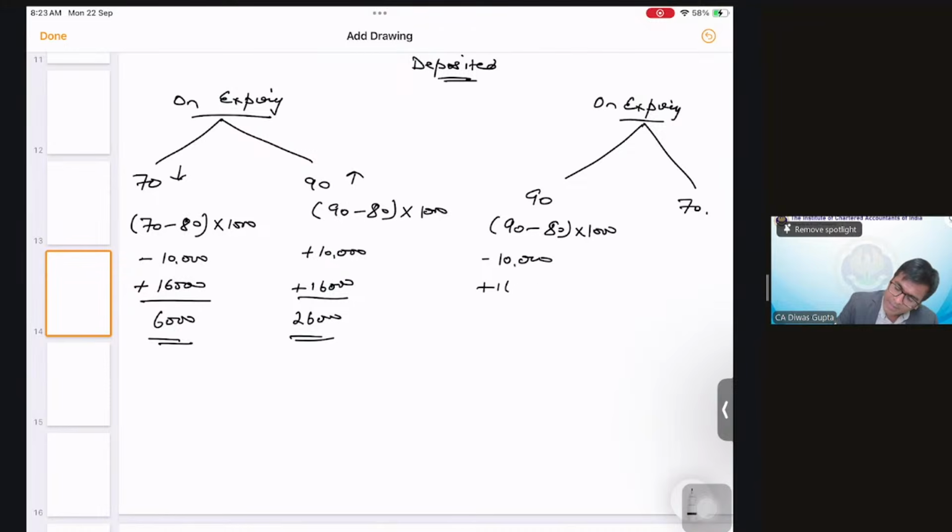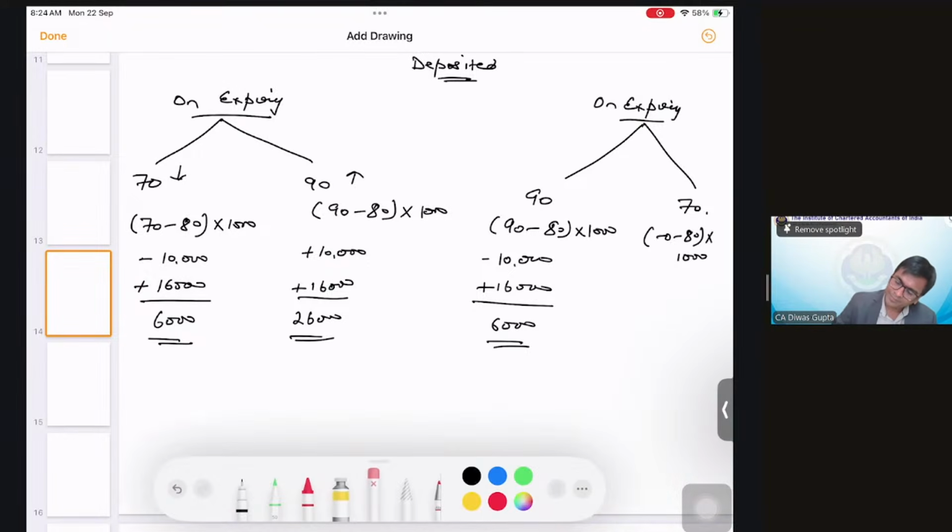Minus 10,000 plus 16,000. So net 6,000 I will receive. And in case of 70 rupees, I have sold an item at 80 rupees. The current market price is 70 rupees. There will be a gain.